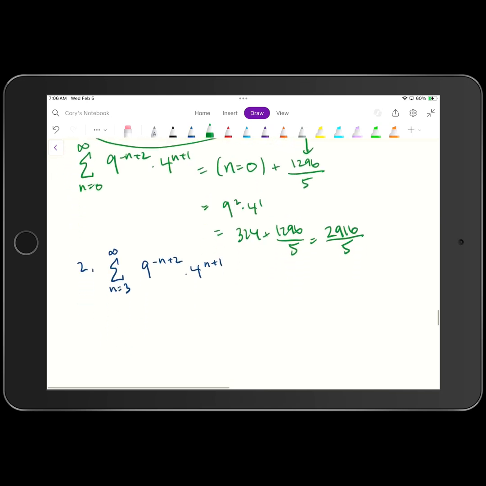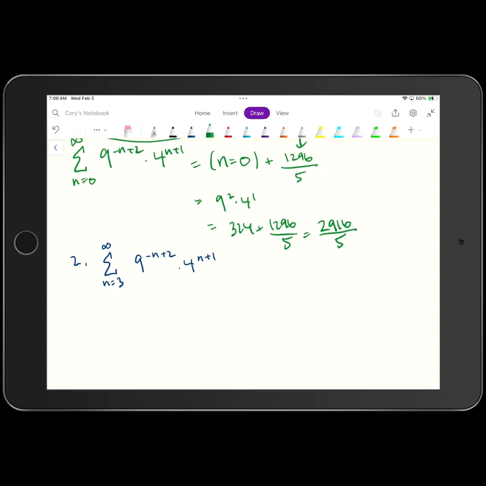All right, for number 2, we're taking the sum from 3 to infinity of 9 to the negative n plus 2 power times 4 to the n plus 1 power.